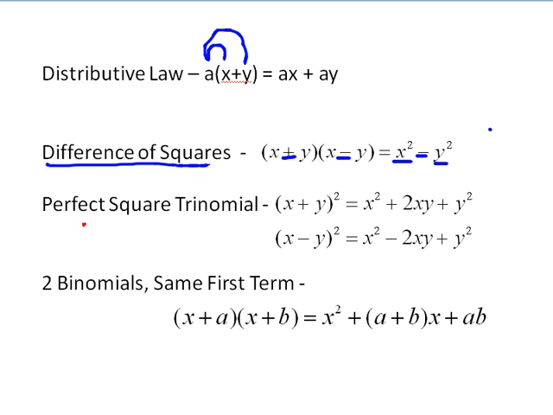Now, the perfect square trinomial: when you have an x plus a y squared, this is your resultant. It has kind of a cumbersome middle term. And when you have x minus y squared, again, it comes up with this kind of cumbersome middle term.